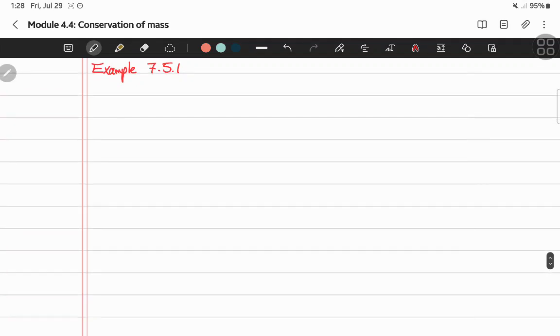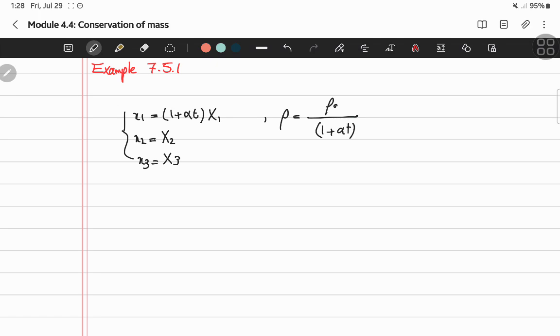We have a motion like x1 equals a function of capital X1 and t, x2 is equal to X2, and x3 is equal to X3, where rho is equal to rho 0 divided by 1 plus alpha t, and rho 0 is basically constant.